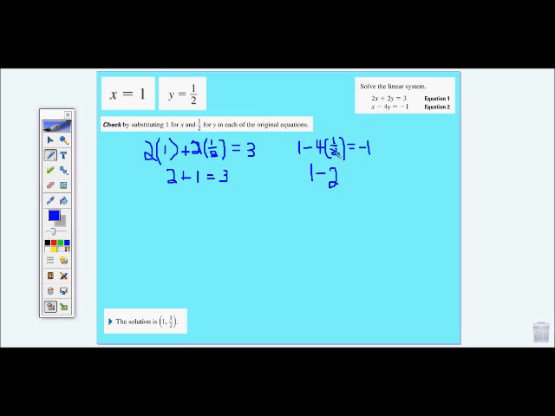Or again, if I was multiplying it, 2 goes into 2 once. 2 goes into 4 twice. And is 1 minus 2 equal to -1? It is. So the solution, writing it as coordinate points, would be my X is 1, my Y is 1/2. Those are my coordinate points.